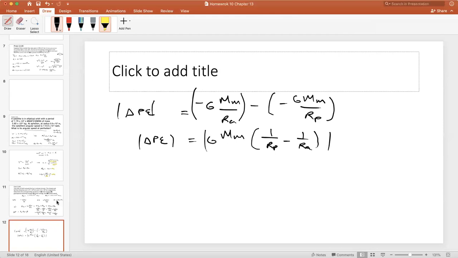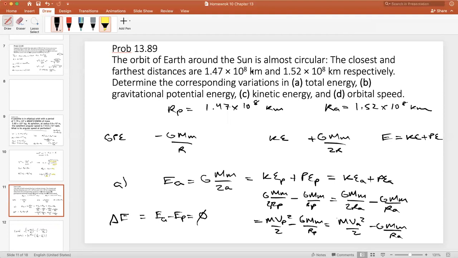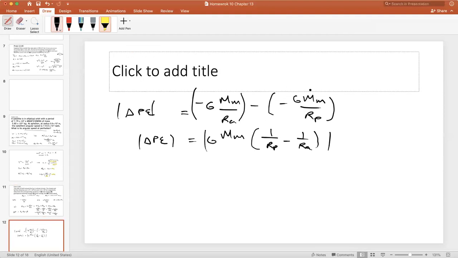And remember that the problem is the Earth and the Sun, so GMm is G times the mass of the Sun times the mass of the Earth. The mass of the Earth is 5.97 times 10 to the 24th kilograms. The mass of the Sun is 1.99 times 10 to the 30th.